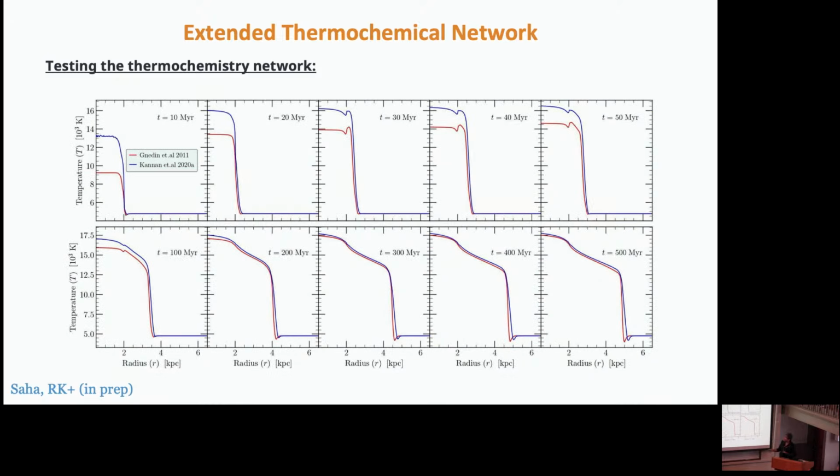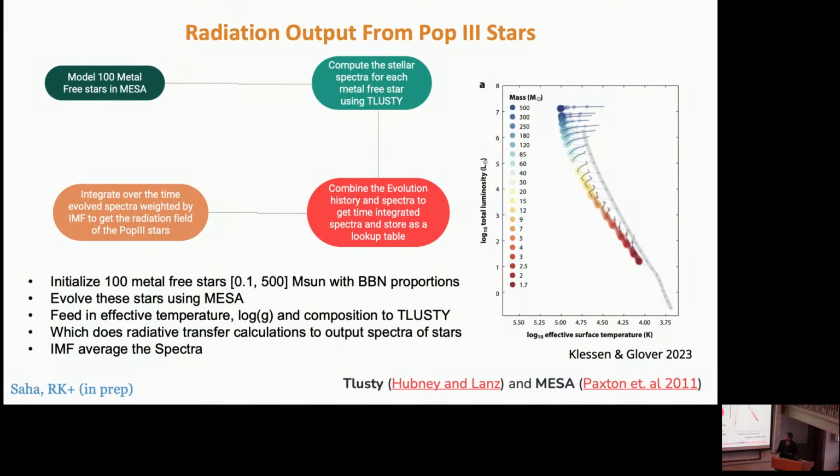More importantly, these additional cooling channels, which I talked about, will cool the gas, so it will only be heated to lower temperatures within the Strömgren sphere. If you have these additional channels, that is the red line here, then you only heat the gas up to about 9 times 10^3 instead of 14 times 10^3. Oh, 10^3, not 10^4. Okay, so that seems to work.